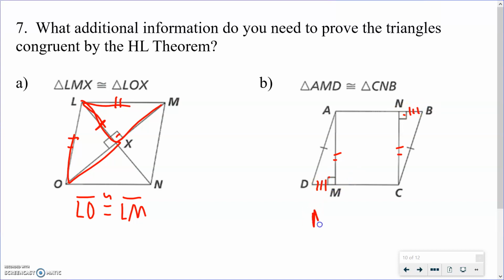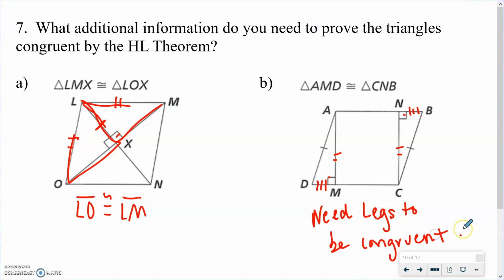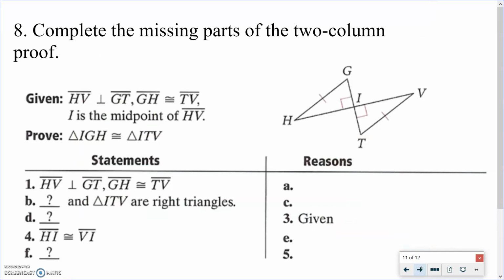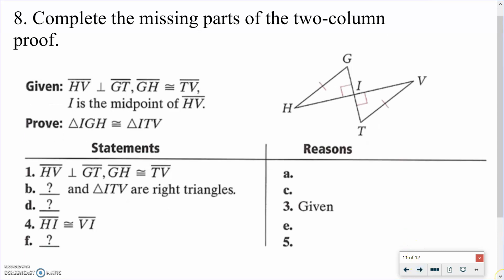So we would need legs to be congruent to be able to use the hypotenuse leg theorem. Okay? But we do use the hypotenuse leg theorem in the same way that we use other congruence theorems. So we can use it to prove these two triangles are the same.